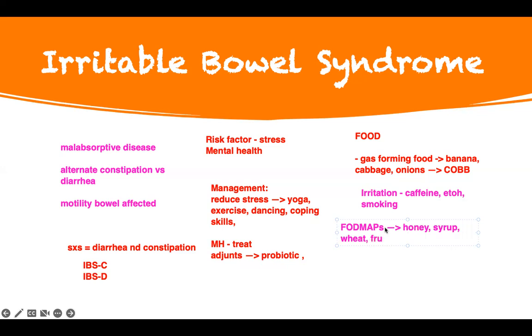And fructose: every time you have juice, there's one or two of these in the juice, honey, syrup, or fructose. So what are you going to eat? These people have to meticulously check, and they keep a food diary to help them avoid these. So the FODMAP diet means they should avoid these kinds of foods.